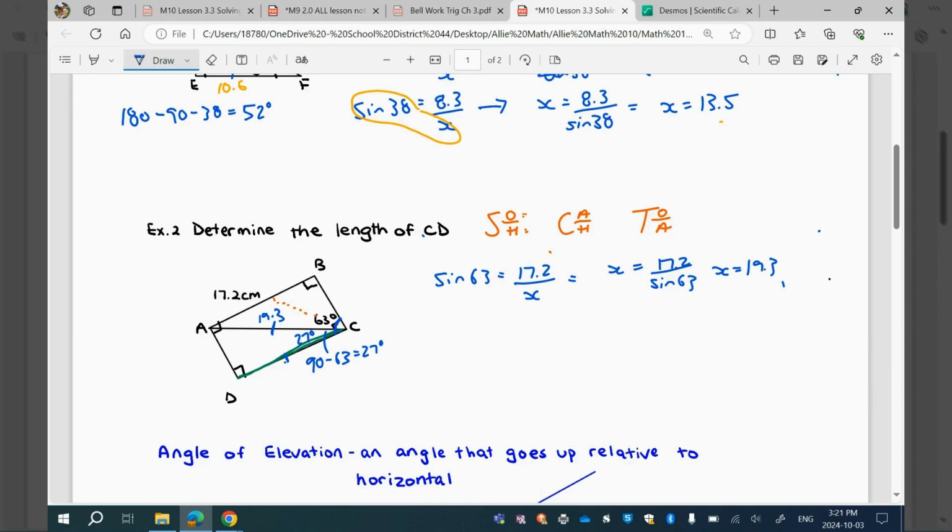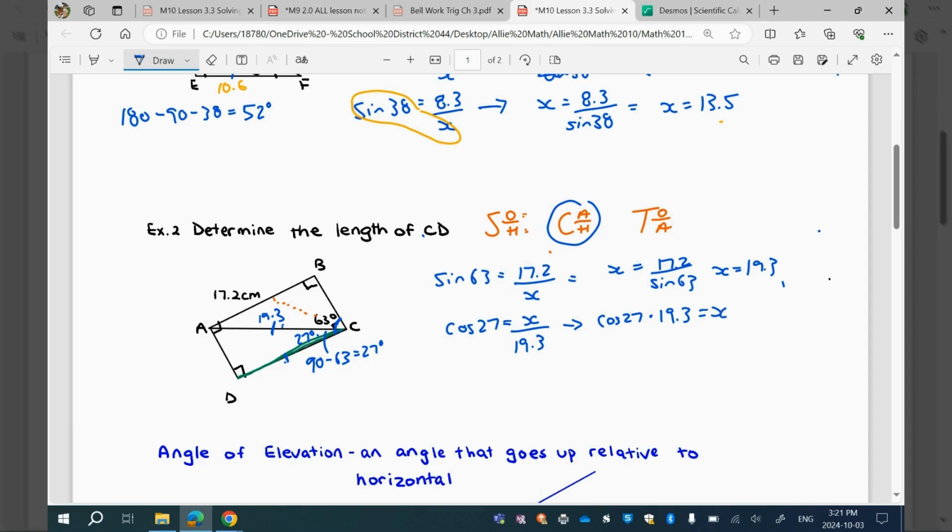And now we have an angle. We have the hypotenuse, and we want this side, which is the adjacent side. It's touching the reference angle, and it's not the hypotenuse. So we have the hypotenuse, we want the adjacent. We're going to use cosine. So cosine 27 equals adjacent over hypotenuse 19.3, which means cos 27 times 19.3 equals x.